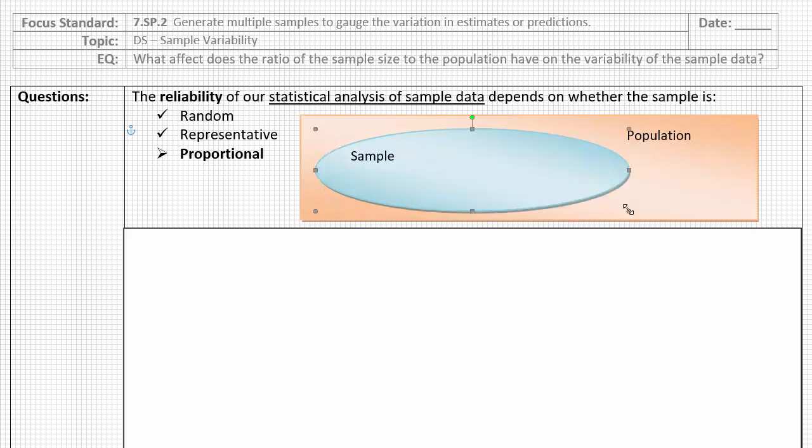If I increase it so that the sample size represented a larger proportion of the entire population, what effect do you think that'll have on how the data we get through our analysis varies? Well, that's exactly the question we're looking into today, so let's look at the data set we're going to use to explore this concept.